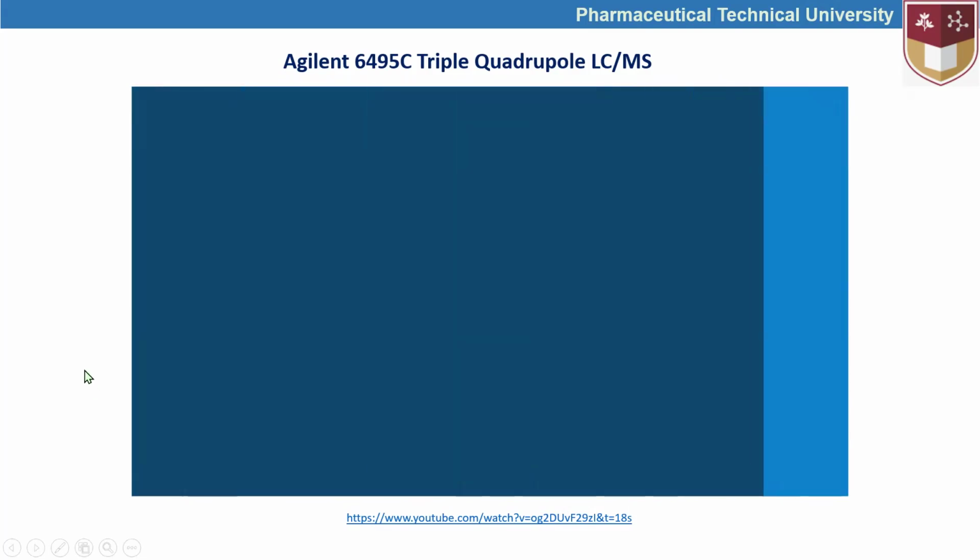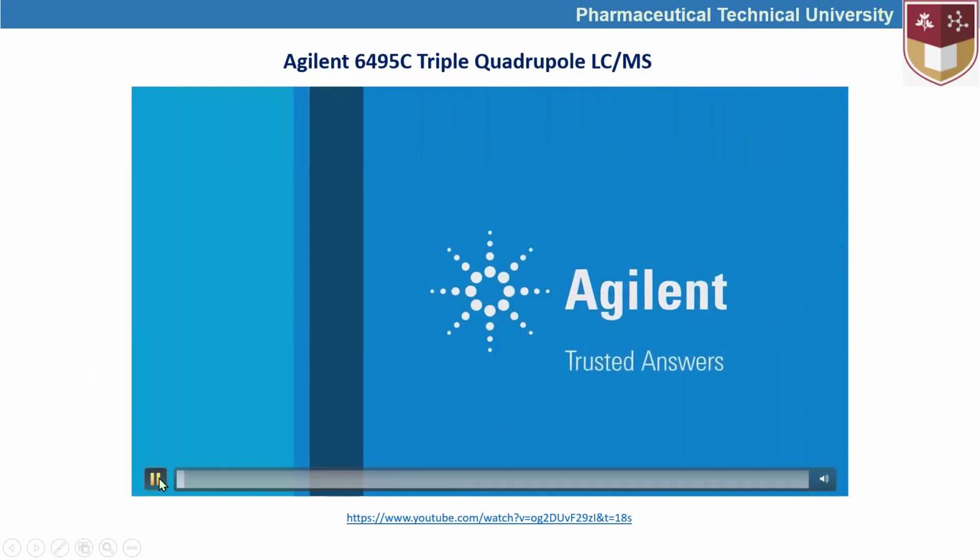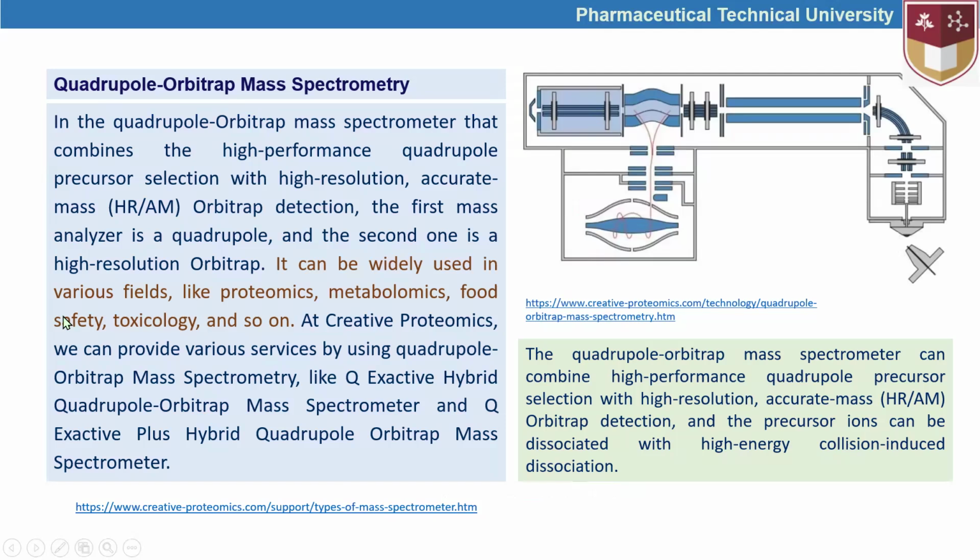Okay, this video was about the Agilent 6495C triple quadrupole LC-MS, and the next one is the quadrupole Orbitrap mass spectrometer. The quadrupole Orbitrap mass spectrometer combines high-performance quadrupole precursor selection with high-resolution, accurate mass Orbitrap detection.